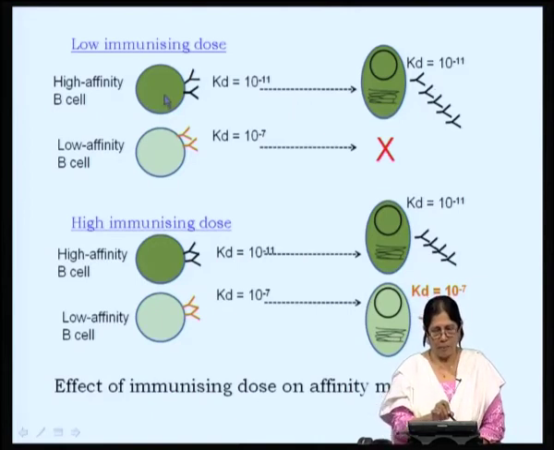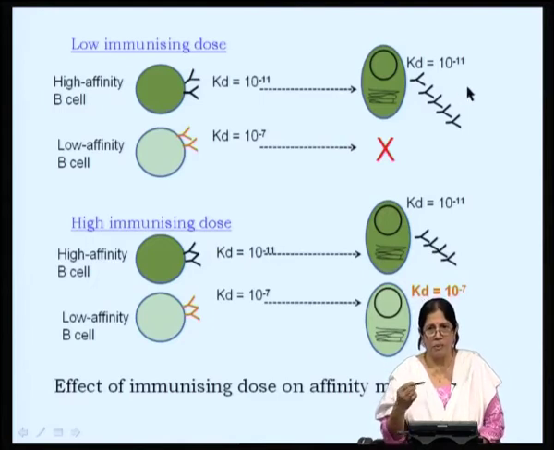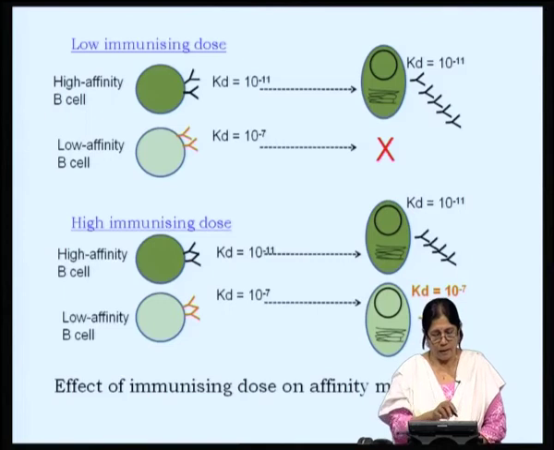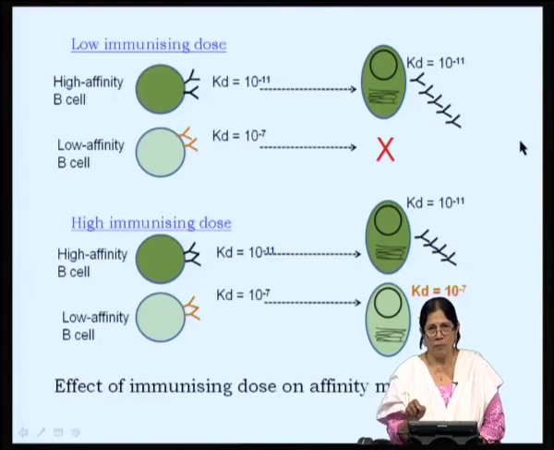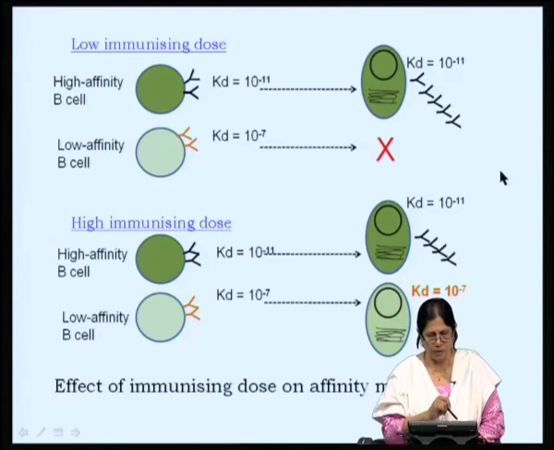Now, in certain instances, you may not detect the presence of antibodies in circulation, because the numbers may be very, very low. The low affinity receptor bearing B cells would not come into the picture at all, because they would not bind, so there is no question of activation, proliferation and differentiation.